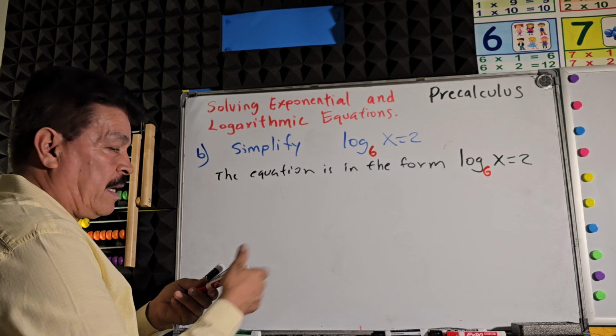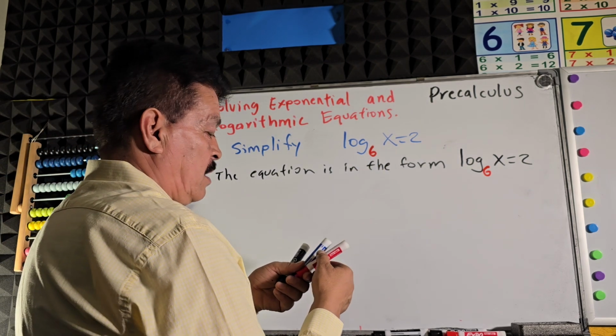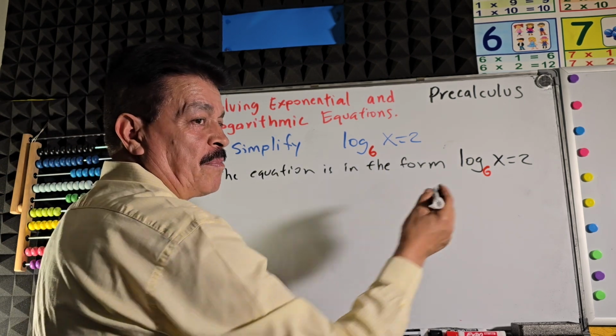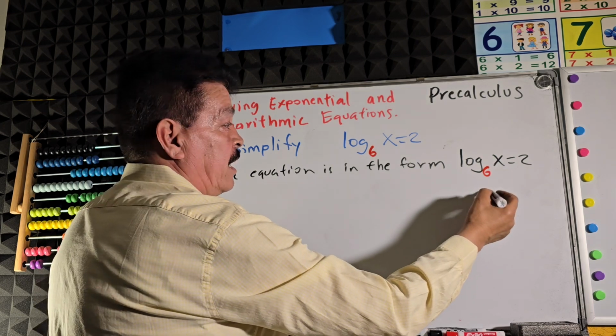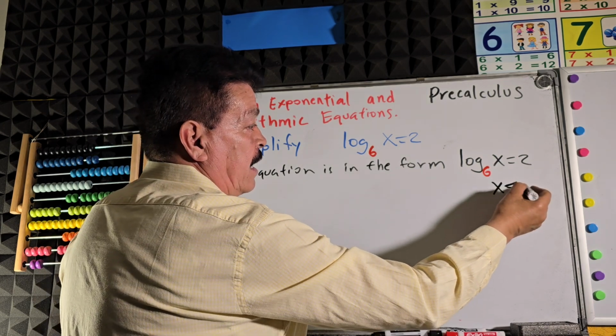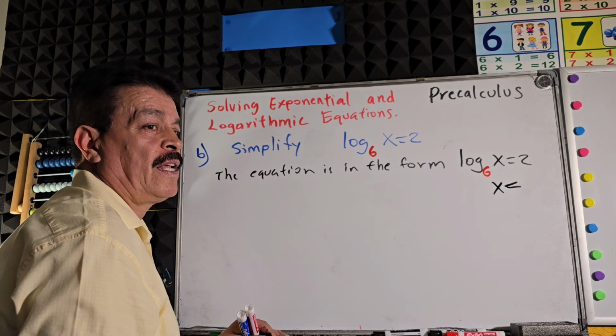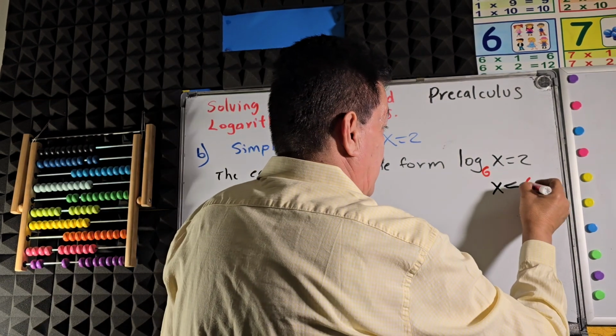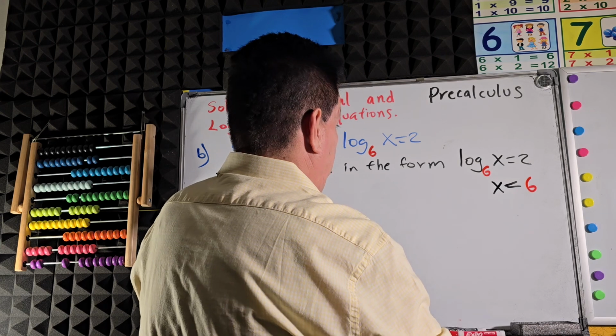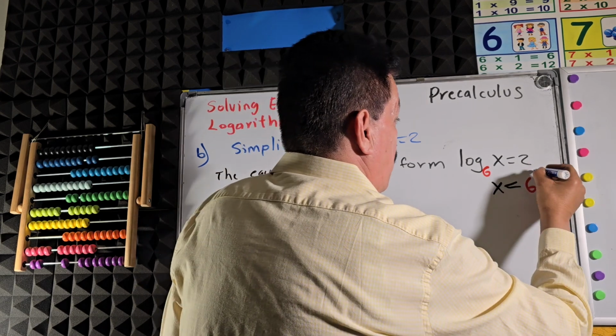I will write the process right here. Next step, x equals 6 to the second power.